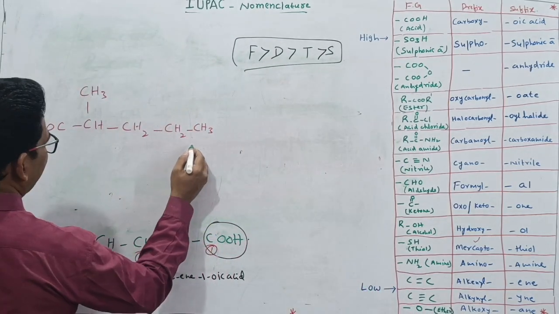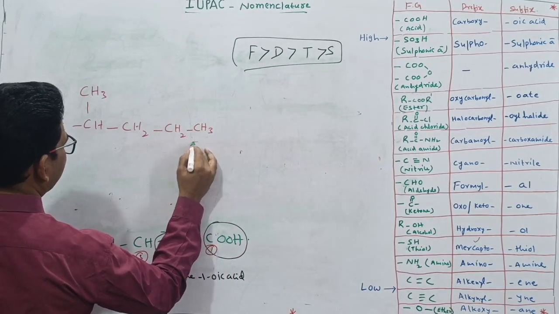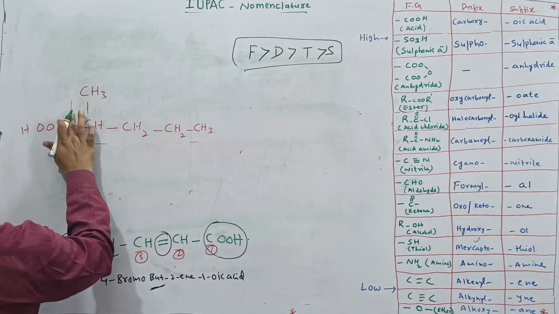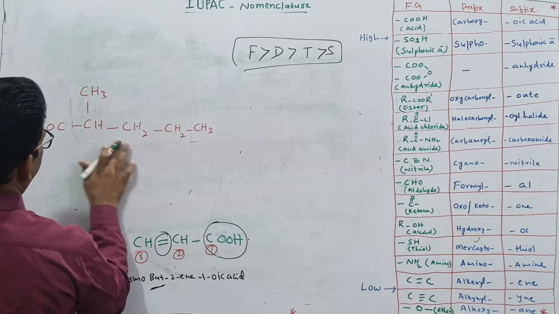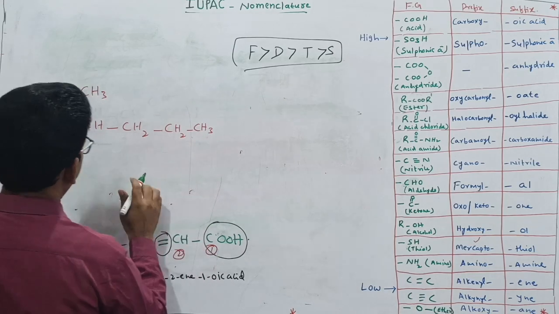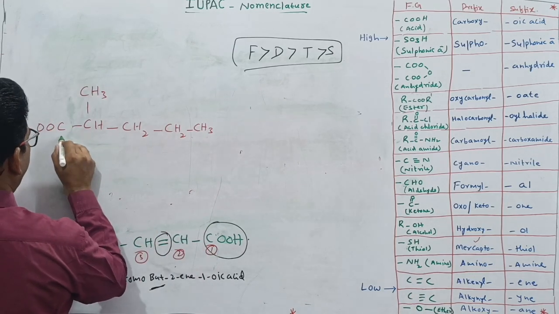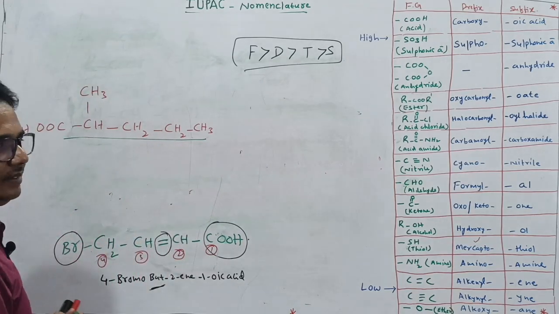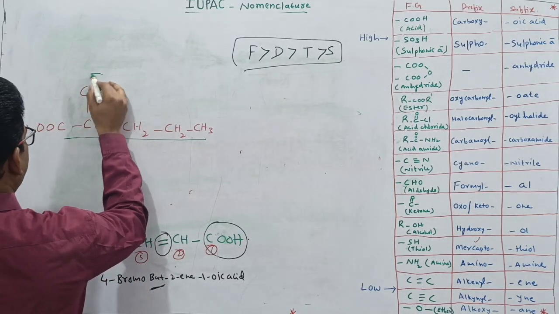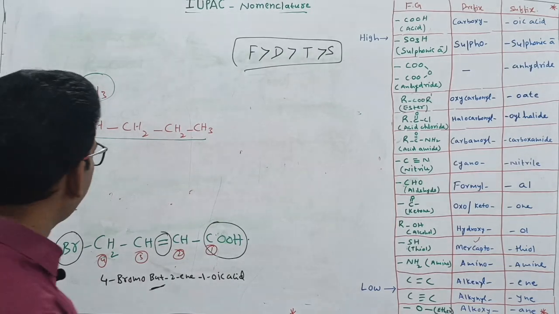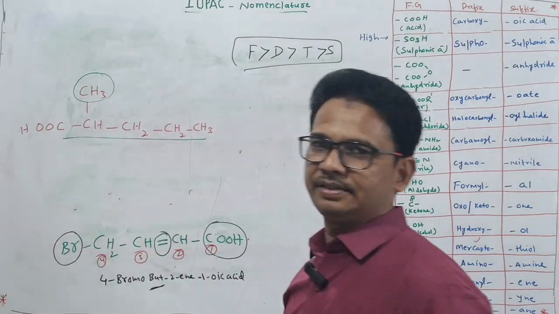You cannot select the long chain like this, ये गलत हो जाएगा. लॉन्ग चेन, इस कार्बन को इंक्लूड करके सेलेक्ट इट. This we are writing as the substituent. Okay, we are writing as a substituent.